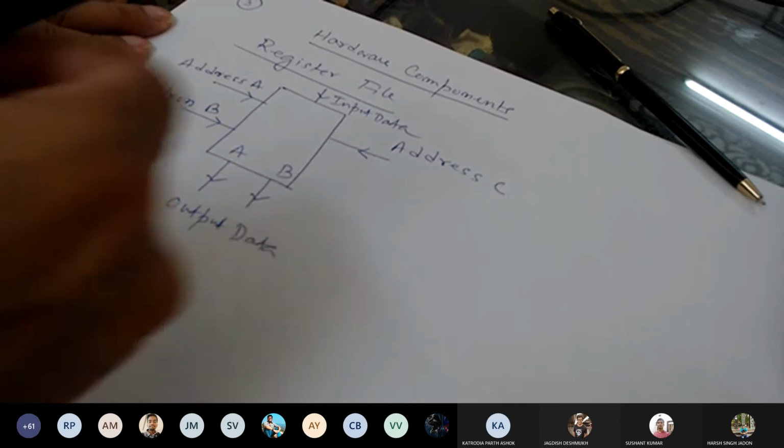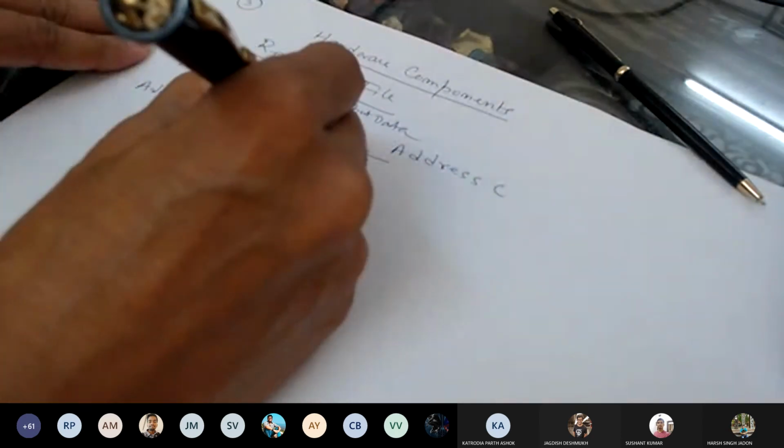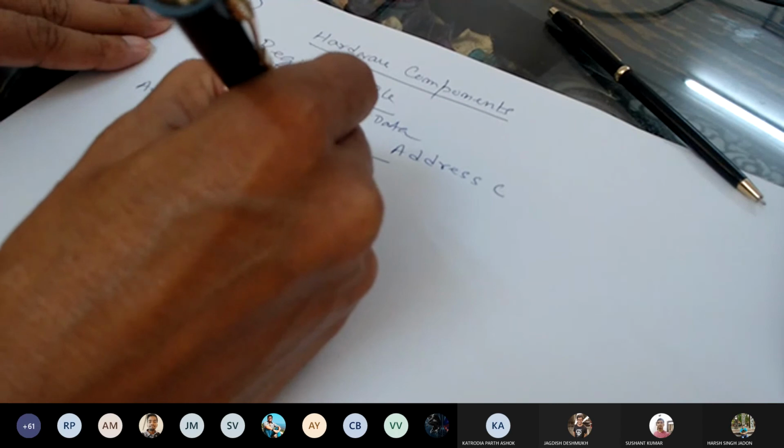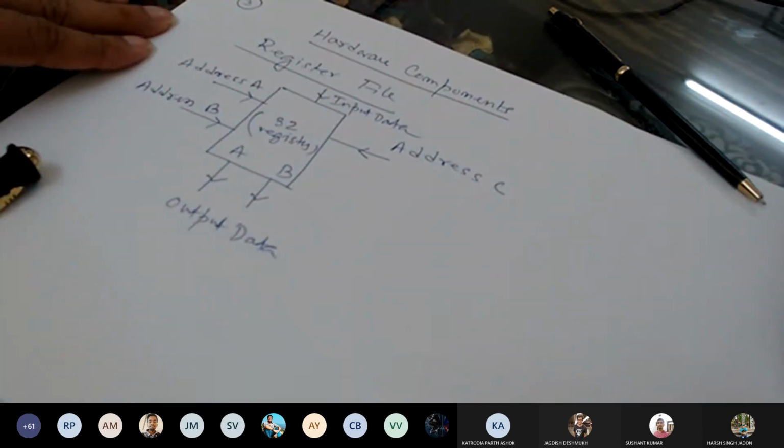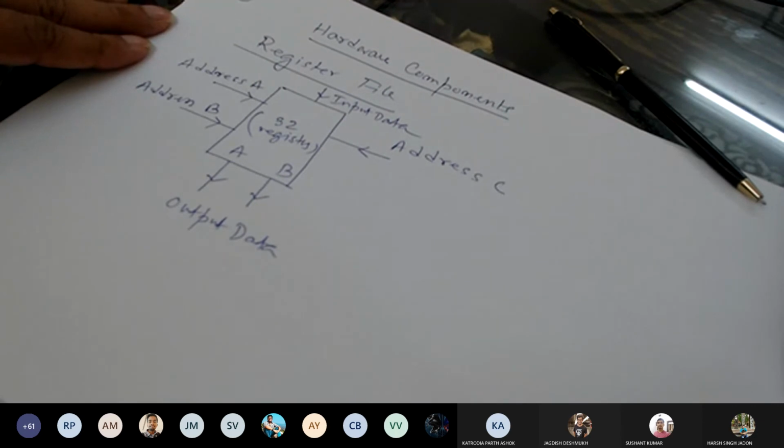Let's assume there are 32 registers inside. What are the requirements?